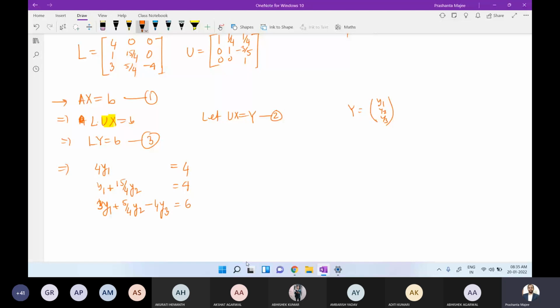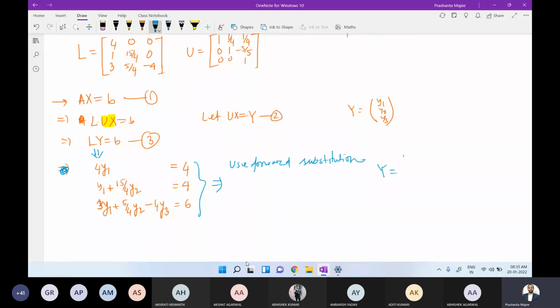So that system you have obtained from Ly equals to b. So solve it. Use forward substitution and tell me what is y1, y2, y3.